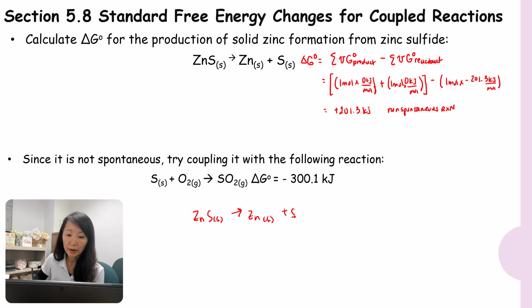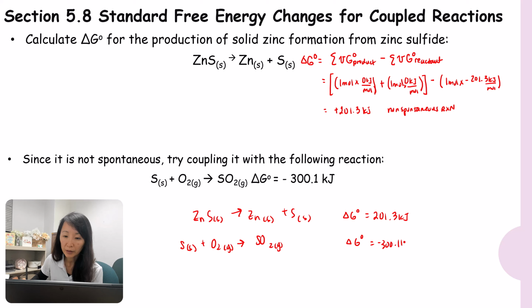I'm just rewriting the very first equation on top, but right next to it, I will write delta G naught is equal to 201.3 kilojoules. Right underneath it, you're going to write the second equation that helped this first reaction go forward, and this had a delta G naught of negative 300.1 kilojoules.